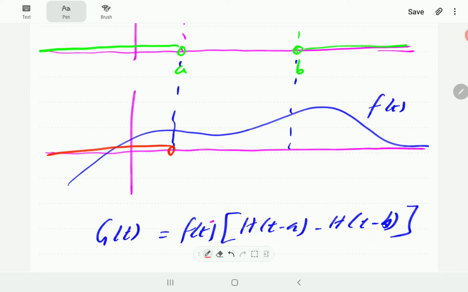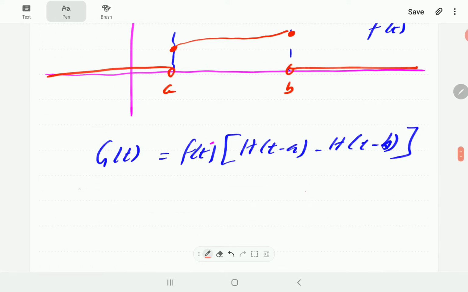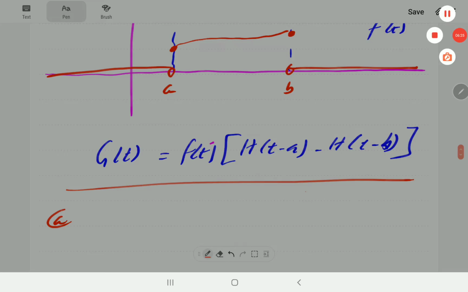This segment is going to become 0, and that segment is going to become 0. The only segment that remains is the segment between a and b, because everything else gets multiplied by 0. So our function is going to look something like that. All right, so that is the device we're going to use when working with the functions at hand.